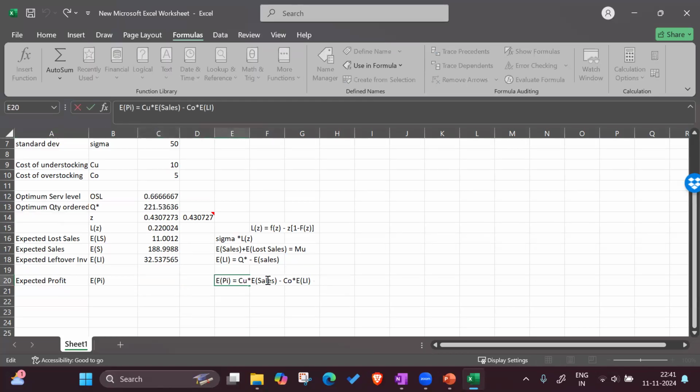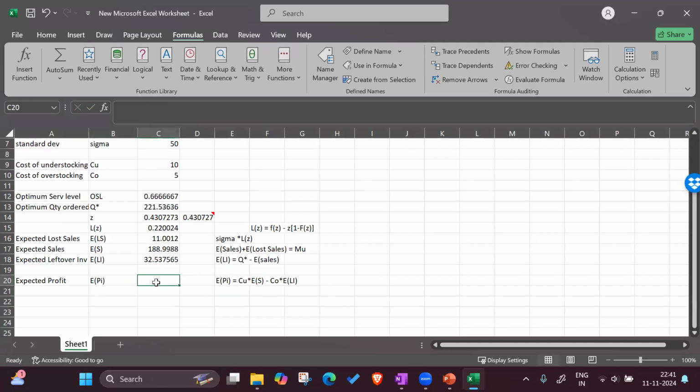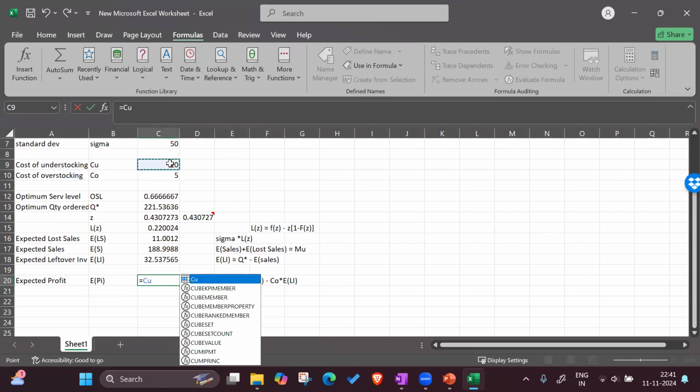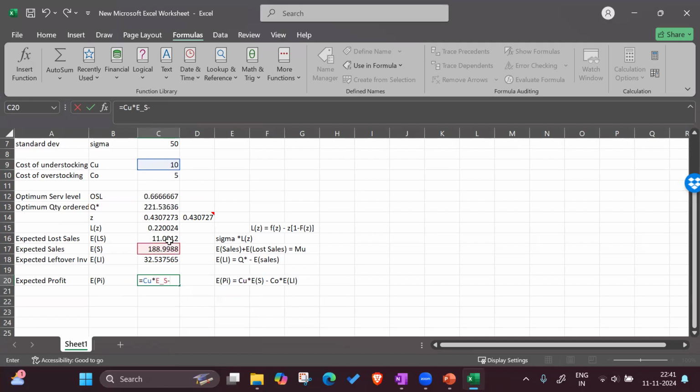So this is going to be Cu multiplied by the sales minus Co multiplied by the leftover. So this is the profit that I'm making roughly. Given that I stock 221 units, there is a chance that I'll be able to make 17.7 dollars, whatever the units are for the prices.